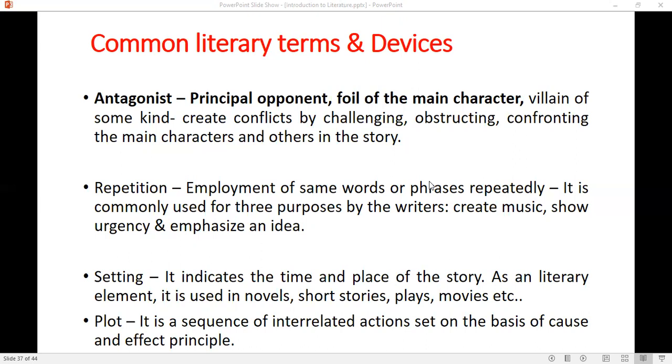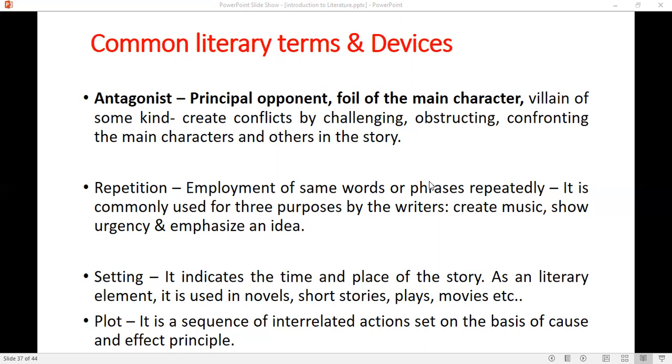Writers use repetition as well. Employment of same words or phrases repeatedly can be called as repetition. It is commonly used for three purposes by the writers. One, to create music.